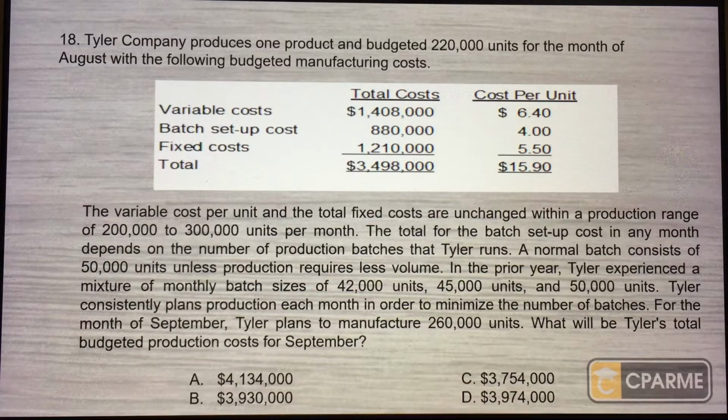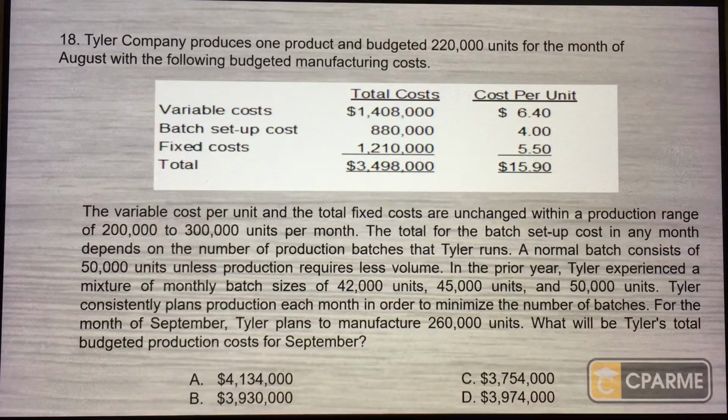Because from 220,000, it will become 260,000. So first, let's get the variable cost, 6.40 multiplied by 260,000 units. And then the fixed cost, 1,210,000. So how should we know the batch setup cost?